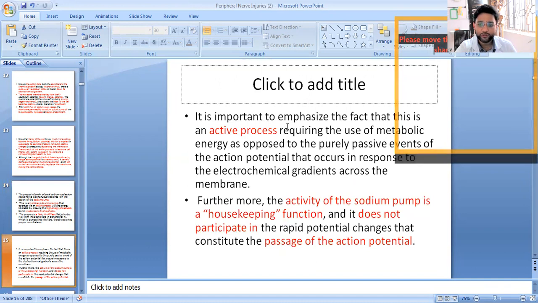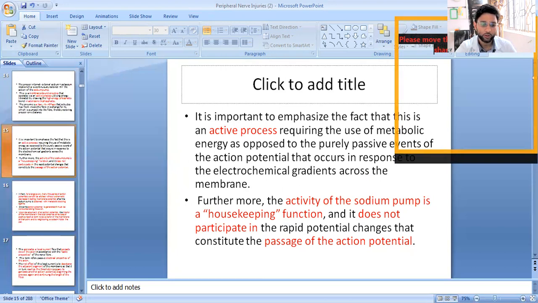It is important to emphasize the fact that this is an active process requiring the use of metabolic energy, as opposed to the purely passive events of the action potential that occur in response to the electrochemical gradient across the membrane. Furthermore, the activity of the sodium pump is a housekeeping function, and it does not participate in the rapid potential changes that constitute the action potential.